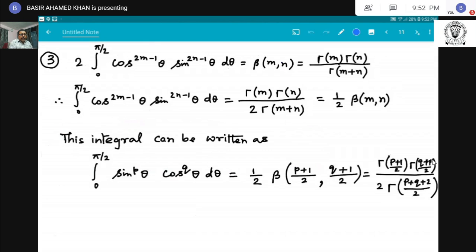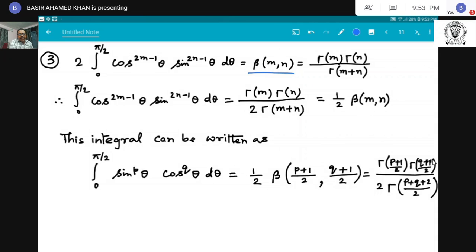Here 2 times integration 0 to pi by 2 cos to the power 2m minus 1 theta sine to the power 2n minus 1 theta d theta equal to beta mn equal to gamma m, gamma n divided by gamma m plus n. Therefore, this integral equal to gamma m, gamma n divided by 2 times gamma m plus n. That means half beta mn.